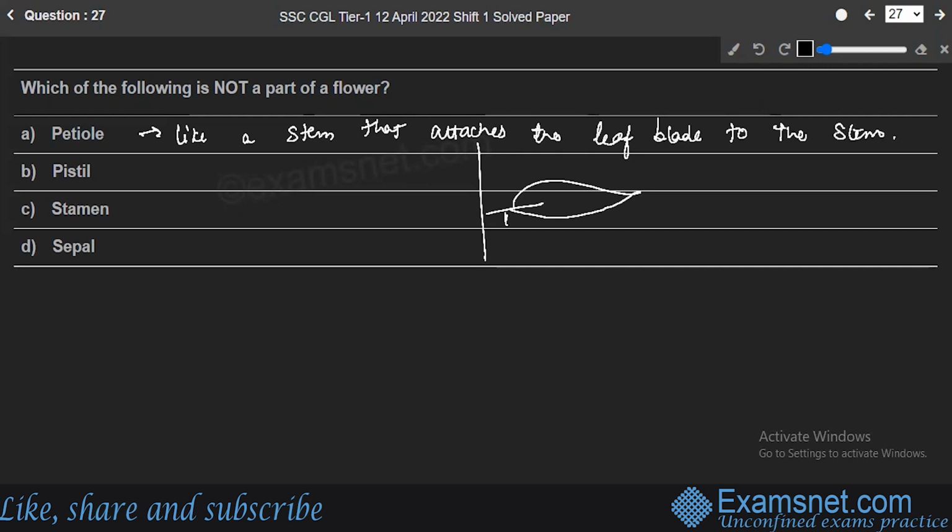Right. These are long, thin, flexible petioles. They allow the leaf blades to flutter in wind, thereby cooling the leaf and bringing fresh air to the leaf surface. So this is the correct answer. Petiole is not a part of the flower.